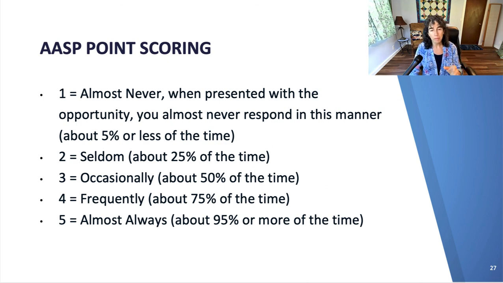You seldom respond. That's a 2, 25%. 3, occasionally, 50%. 4, frequently, 75%. 5, almost always, about 90%, 95% of the time or more. So there's this rating scale, and that's how the individual is going to rank the items on the test.